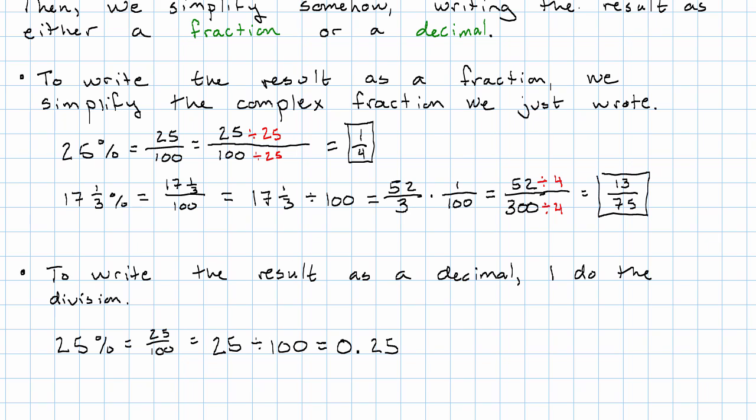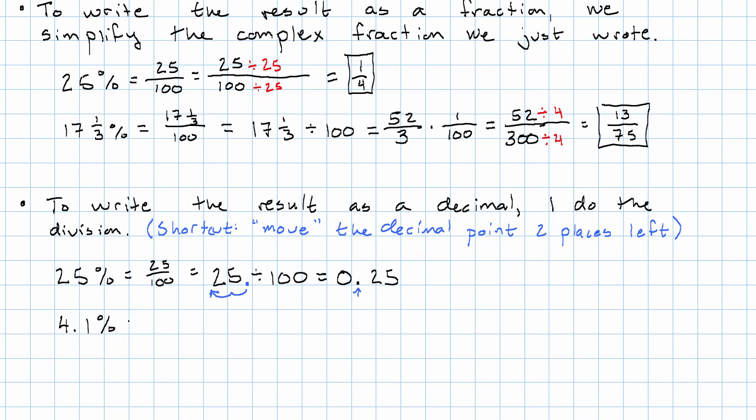You may recall that there's a shortcut to dividing by 100. In dividing by 100, our shortcut is to move the decimal point 2 places to the left. So the decimal point in 25 is here. 2 places further to the left, the decimal point will be here.